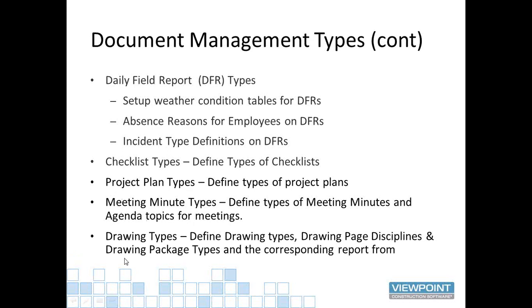The same thing with CMRs, which are basically change management records. So if you see the term CMR, it's referring to change orders, and I can create some types to categorize change orders if I chose to do so, as well as owner change orders.